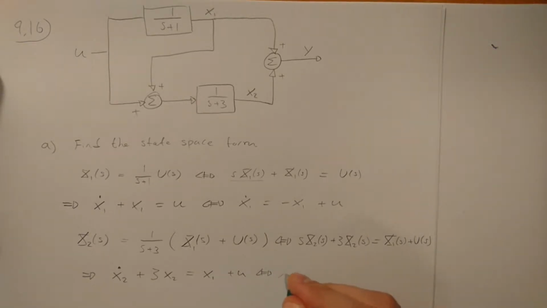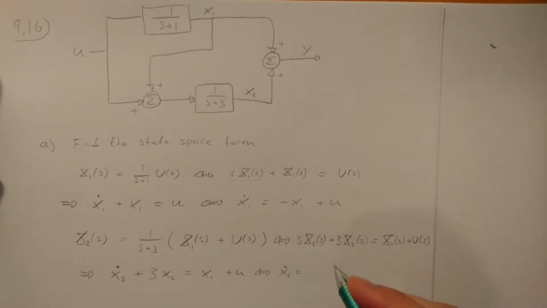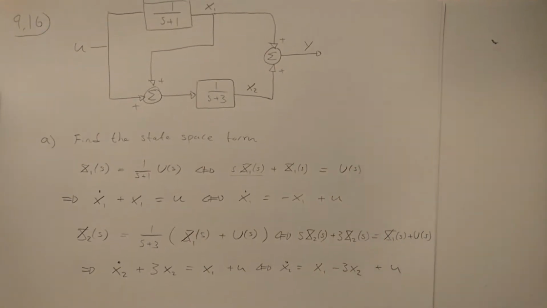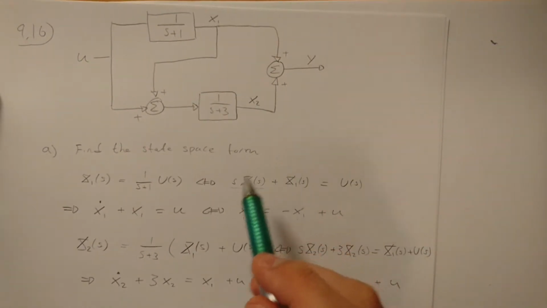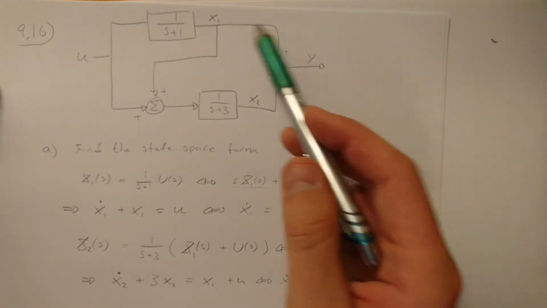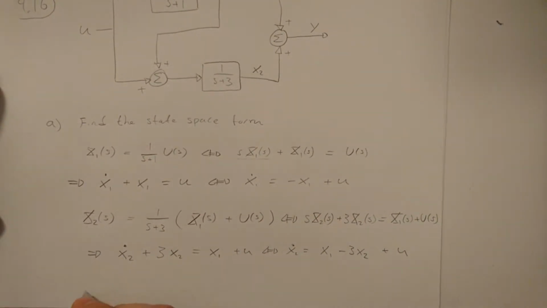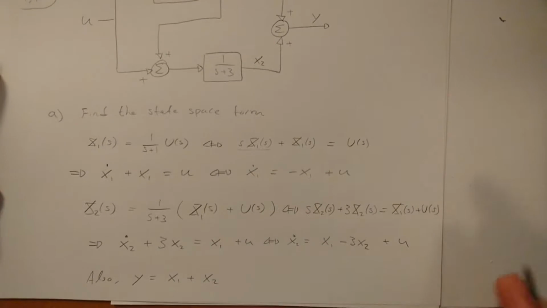And if we solve this for x2 dot, we have that this is equal to x1 minus 3x2 plus u. And then finally we see from this block diagram that y, the output, is just the sum of these two states. So y is equal to x1 plus x2. So let me write that down here. So also y is equal to x1 plus x2.